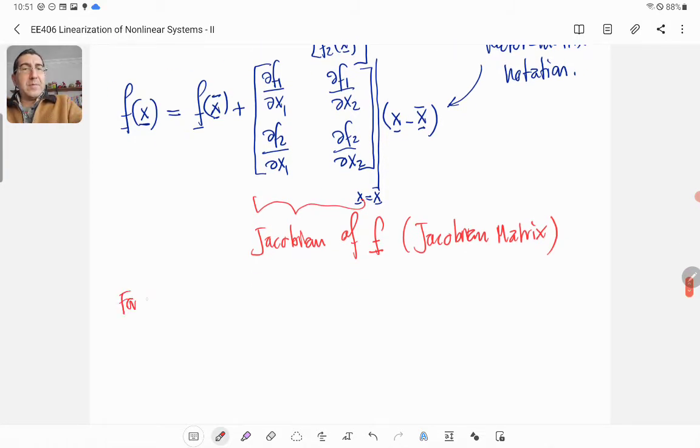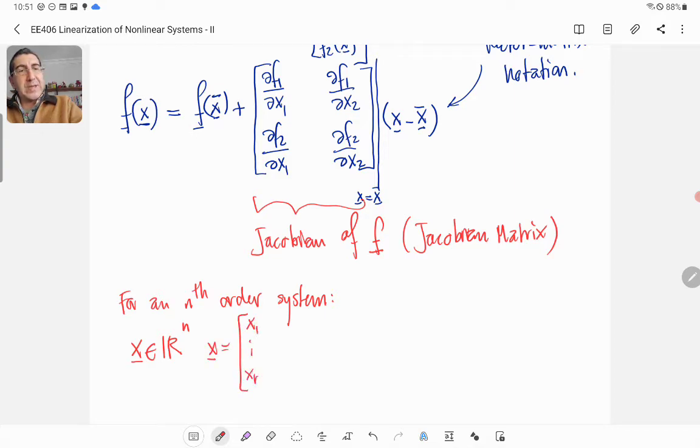Okay, so for an nth order system where x is an element of Rn, so x is equal to our state variables up to xn.